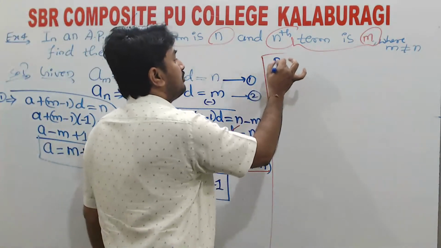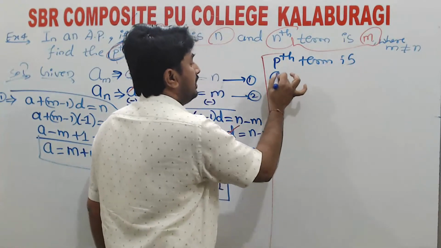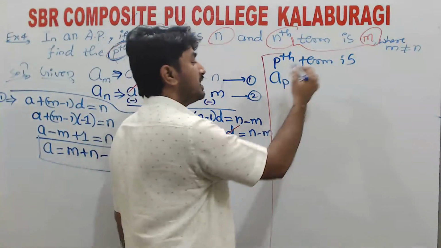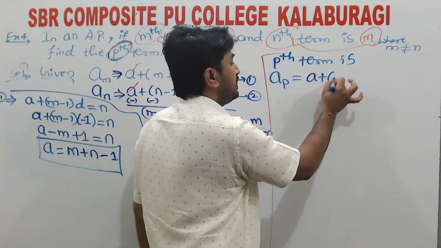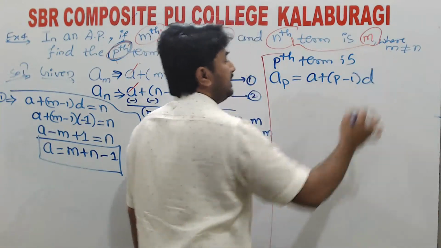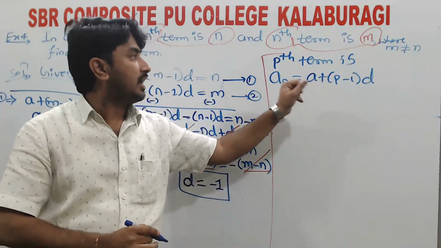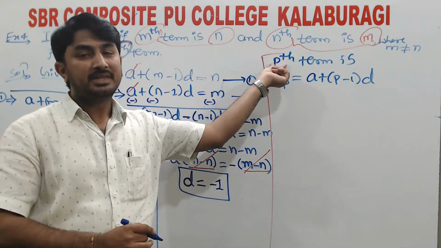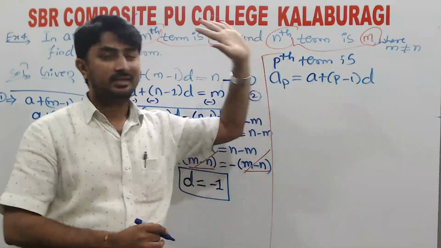Similarly, the pth term is a plus p minus 1 into d. In place of n I am taking p, since it is not the nth term, it is the pth term.